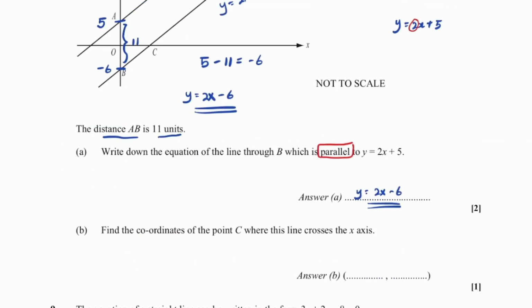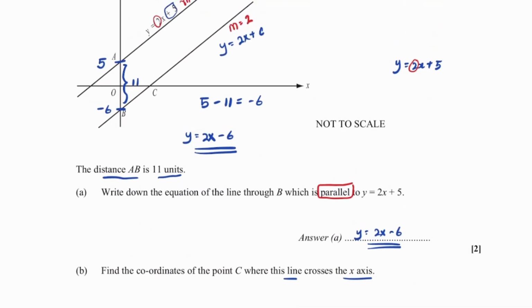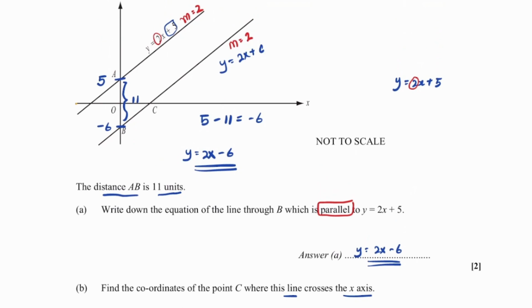Find the coordinates of the point C where this line crosses the x-axis. So crosses the x-axis, you should know that the x-axis is the orange line that I drew here. So whatever crosses the x-axis should be here. At this point notice that y should be equal to 0.